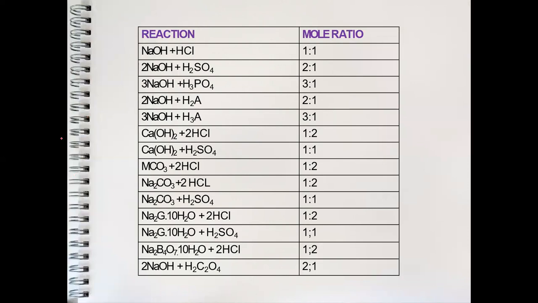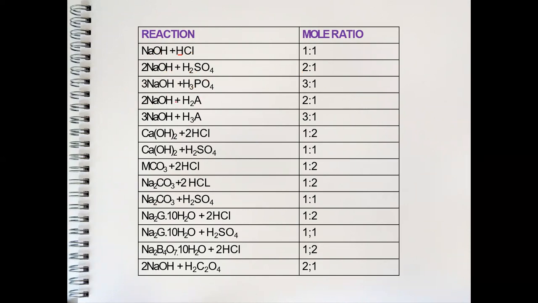Mole ratios when you react acid and the monoacid: sodium hydroxide plus hydrochloric acid, the mole ratio is 1:1. Sodium hydroxide plus sulfuric acid is 2:1. Sodium hydroxide plus phosphoric acid, that is 3:1.